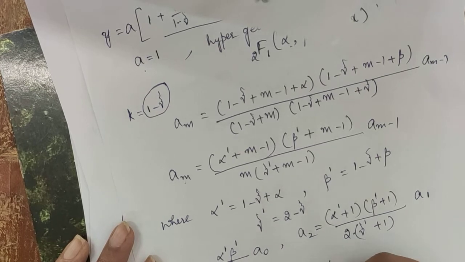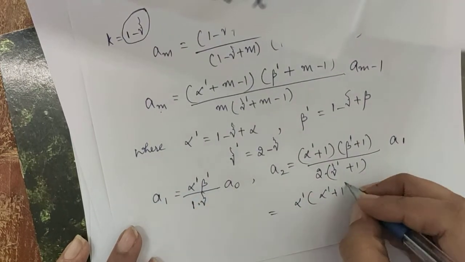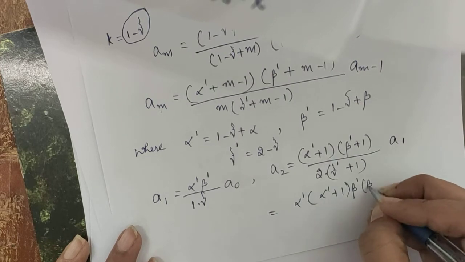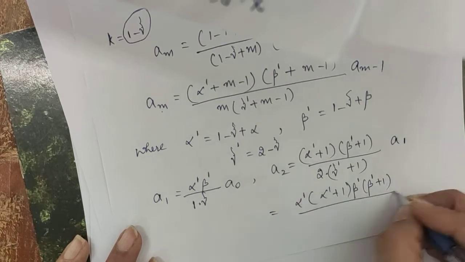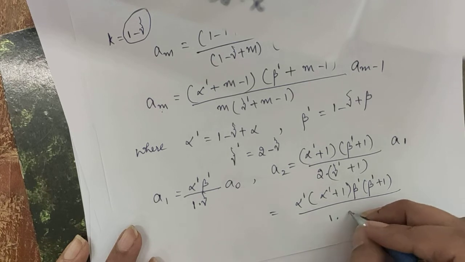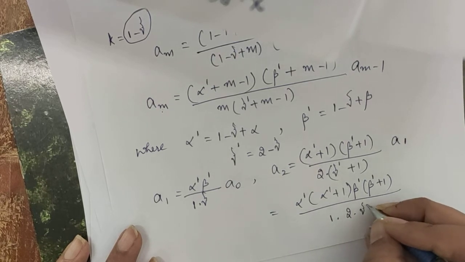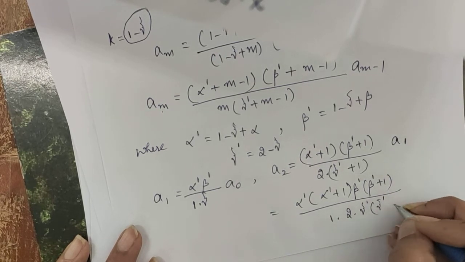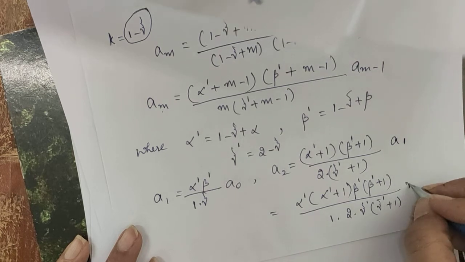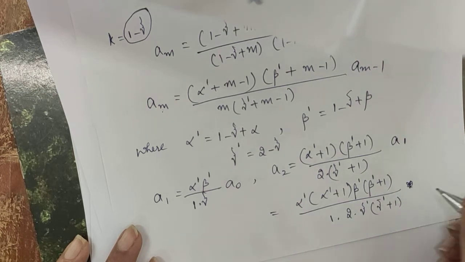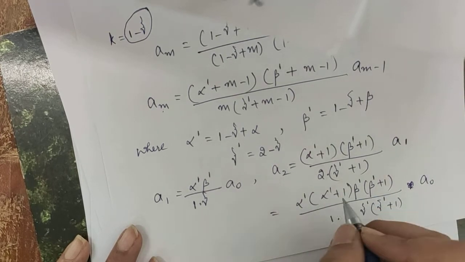This is nothing but alpha dash into (alpha dash plus 1), beta dash into (beta dash plus 1), divided by 1 into 2 into gamma dash into (gamma dash plus 1), right, into a naught. So let's substitute all these values and let's write the general solution now.